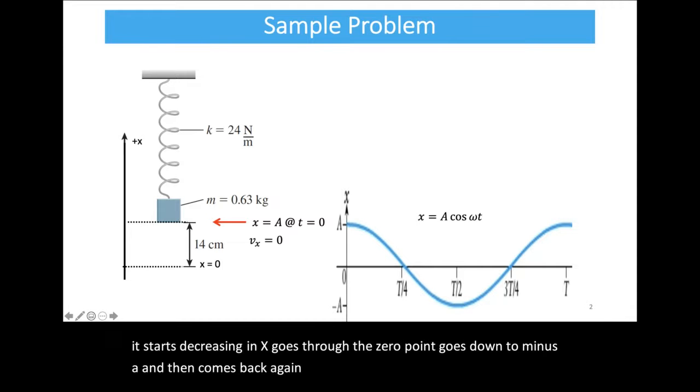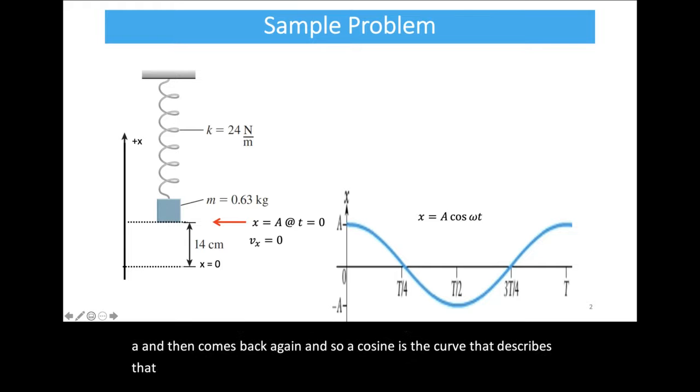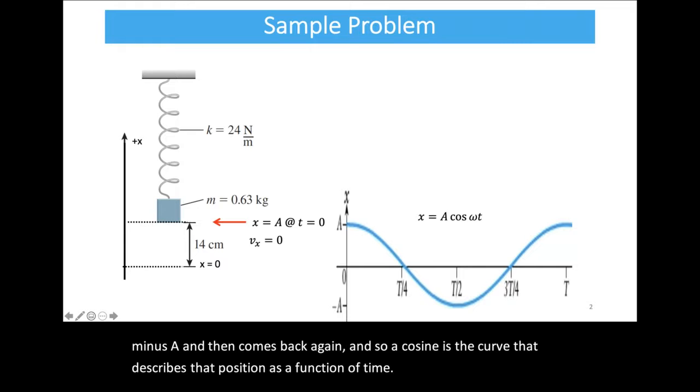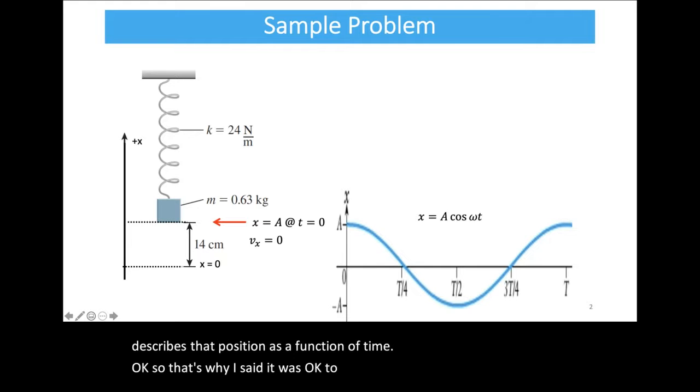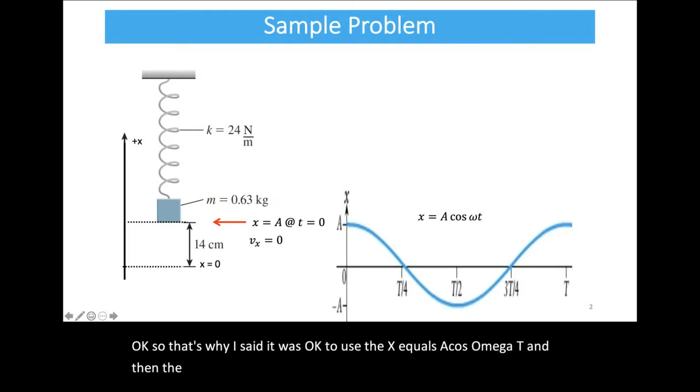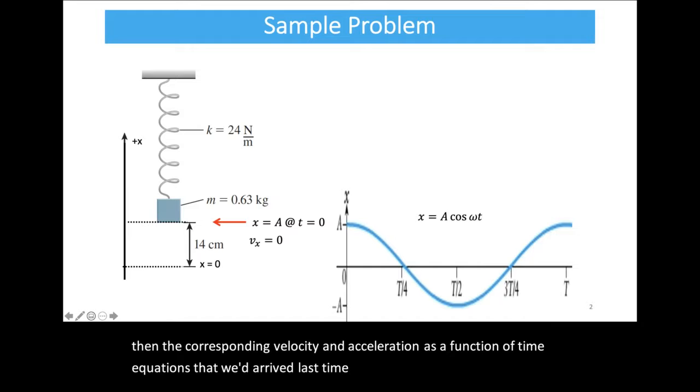So a cosine is the curve that describes that position as a function of time. That's why I said it was okay to use x equals A cos omega t and then the corresponding velocity and acceleration as a function of time equations that we derived last time using our reference circle.